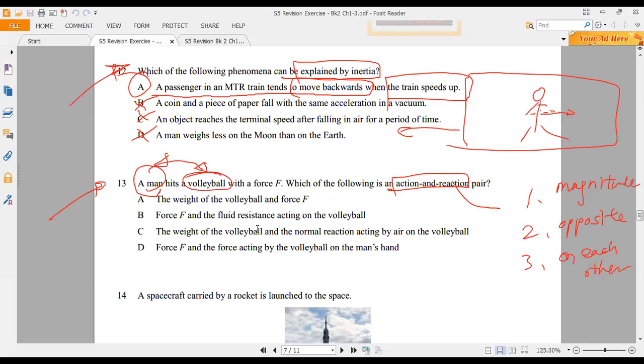So yeah, the answer should be only one of that. It's D. The force F and the force acting by the volleyball on the man's hand, right? This force F is, sorry, man on ball, and this is ball on man, so that's why it's acting on each other. There's no other force that could be the reaction force on it.